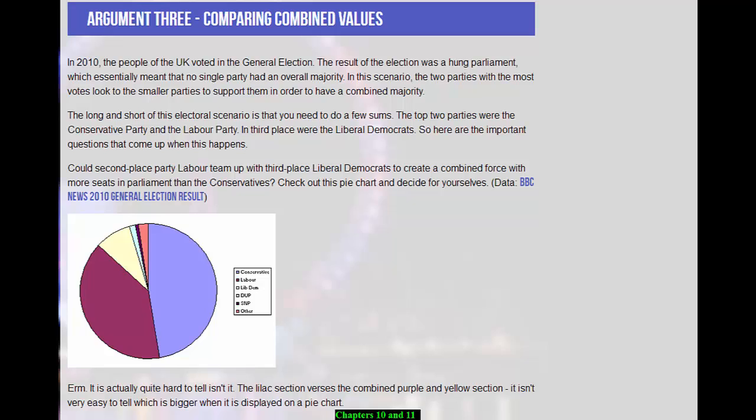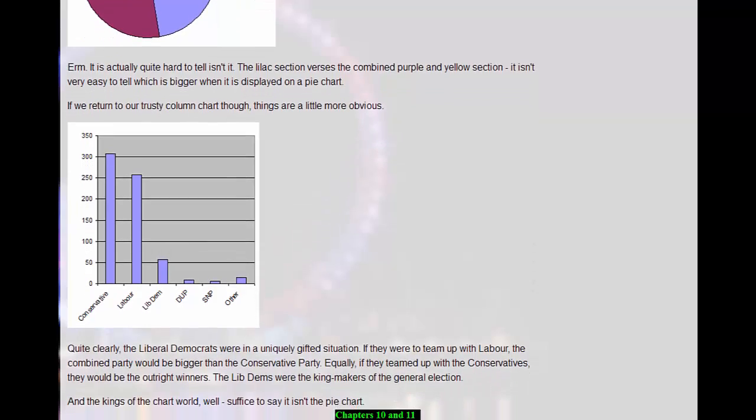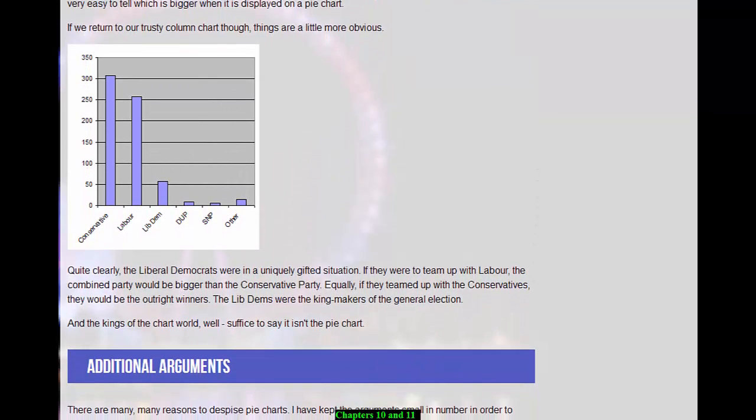You can't really see whether the combined purple and yellow slice on the left would be bigger than the blue slice on the right. In contrast, when you look at a bar chart of the data, it's quite clear to see that the Liberal Democrat Party is in quite a position of power. If they add on to either one of the bigger groups, it will create a majority.